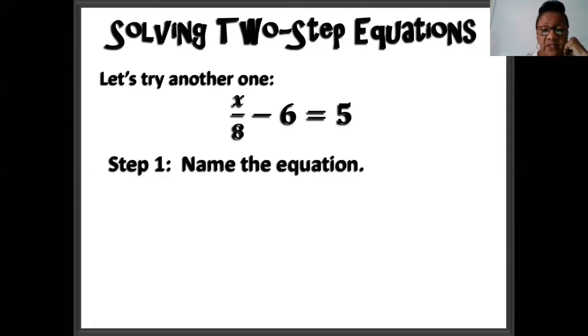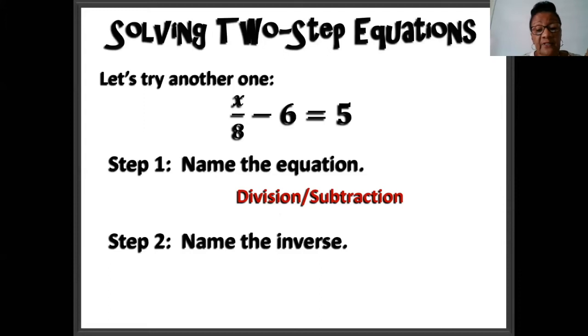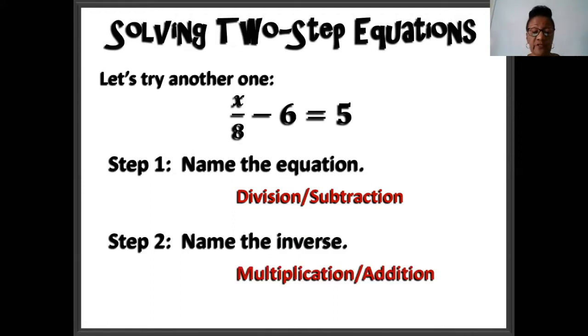Name the equation. What is that equation? That is division and subtraction. Next step, we name the inverse of division and the inverse of subtraction. So that is multiplication and addition. So in order to solve, we know we have multiplication and addition.